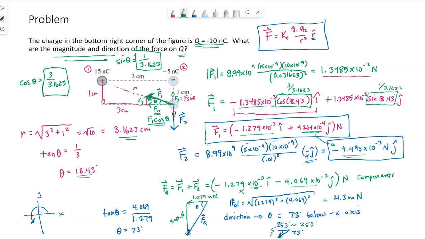So here is our answer. Magnitude and direction. And any of these would work on a test. If you're doing the homework, it's going to tell you specifically where to measure that angle from. So just pay attention to that as you're doing the homework.